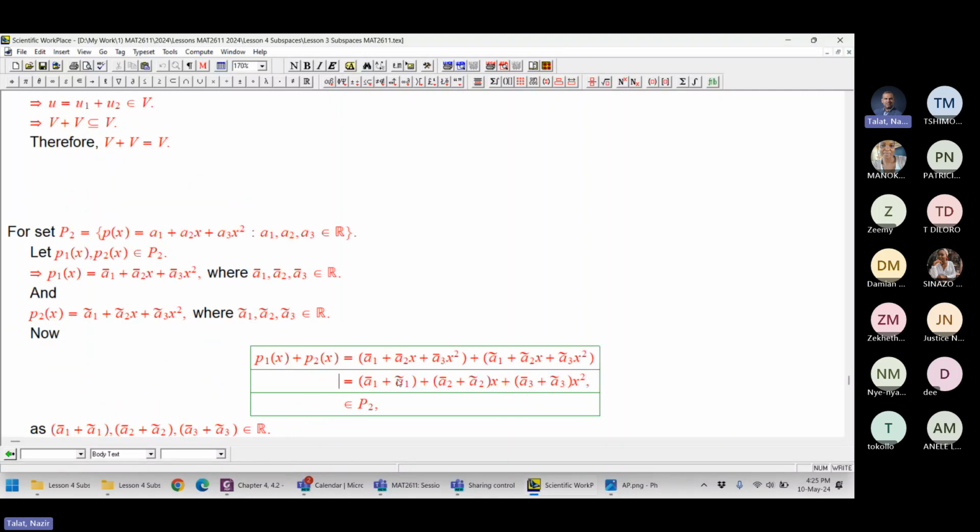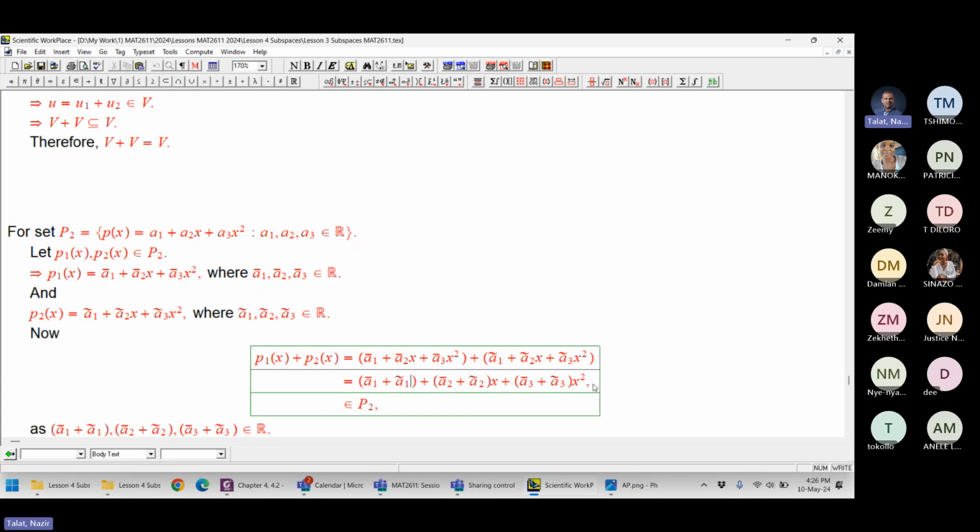Now, if we take p1 and p2 belonging to this set P2, and add the elements, the result will be in that form, where a1, a2, a3 are constants and a1 tilde, a2 tilde, a3 tilde are constants. So if you add them, one can express this in that form.